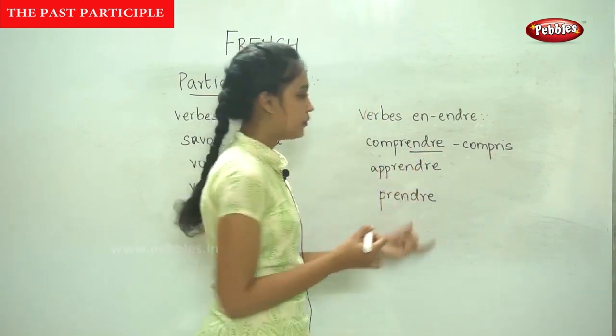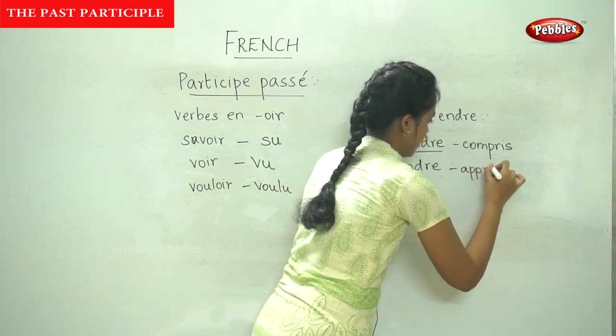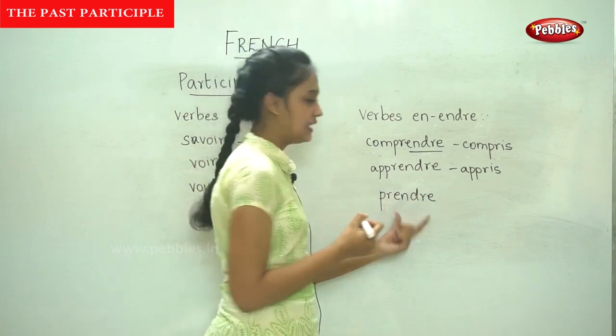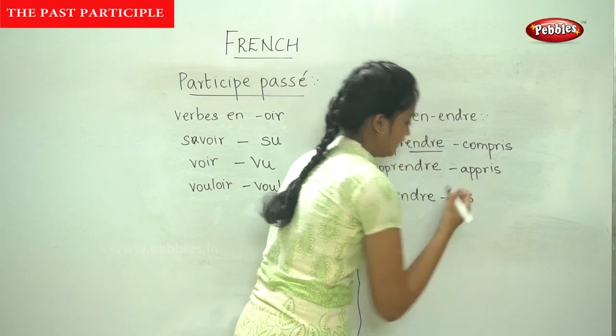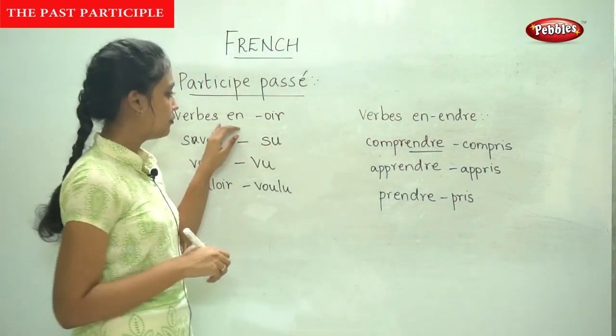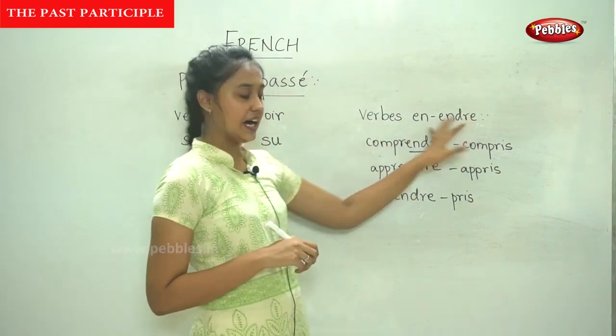Similarly for apprendre, it is appris. And finally for prendre, it is pris. So this is how we form the past participle for verbs ending in OIR and ENDRE.